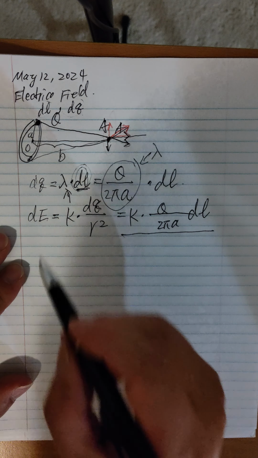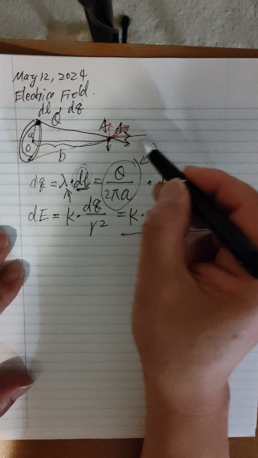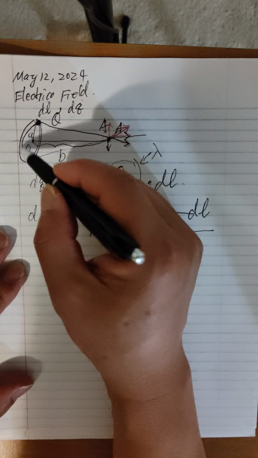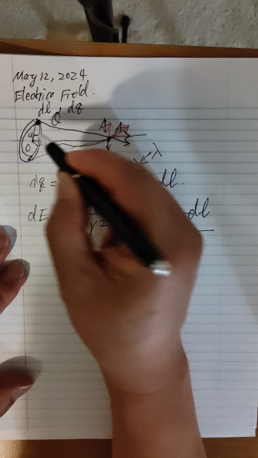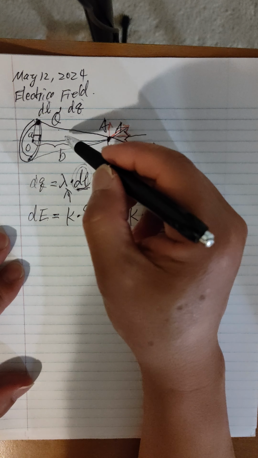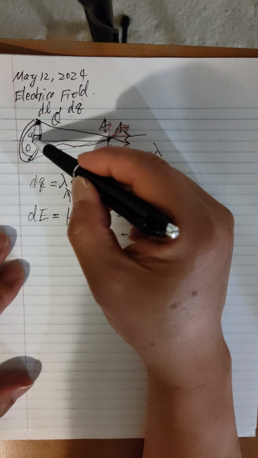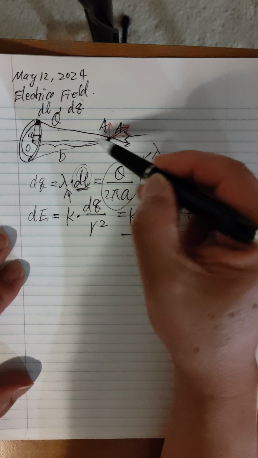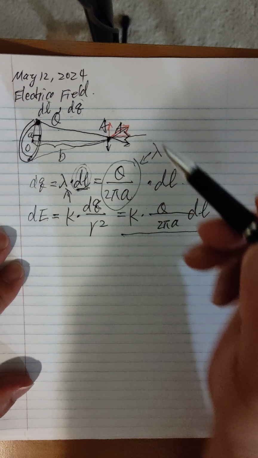What is r squared? Since the x-axis is perpendicular to the ring right here, this is a 90 degree angle. According to the Pythagorean theorem, a squared plus b squared is equal to r squared.